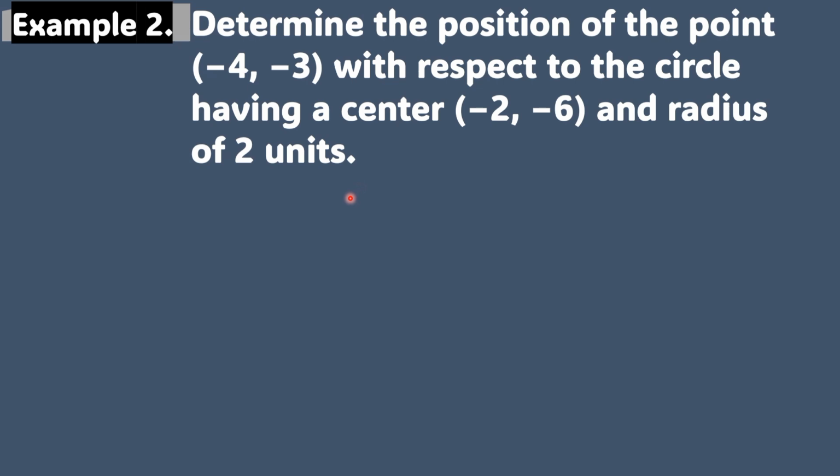Example 2. Determine the position of the point (-4, -3) with respect to the circle having a center (-2, -6) and radius of 2 units. h, k is -2, -6. Substitute this to the equation of the circle with r equal to 2.